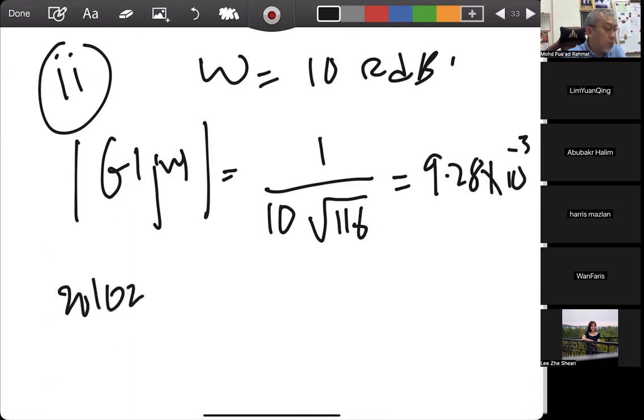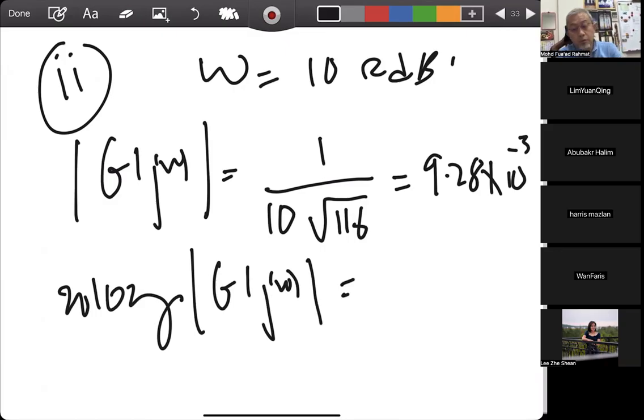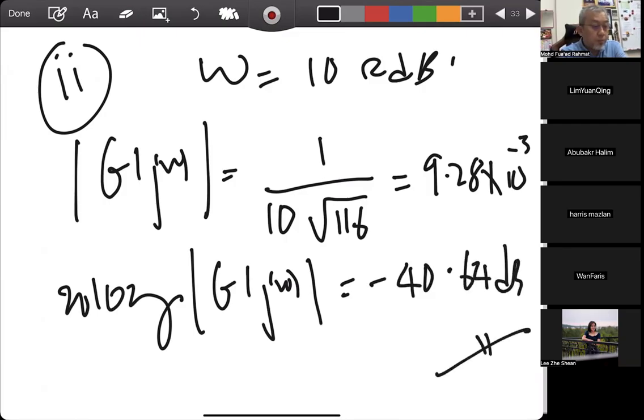So 20 log G omega, you will get minus 40.64 decibel. Okay. That is number 2.